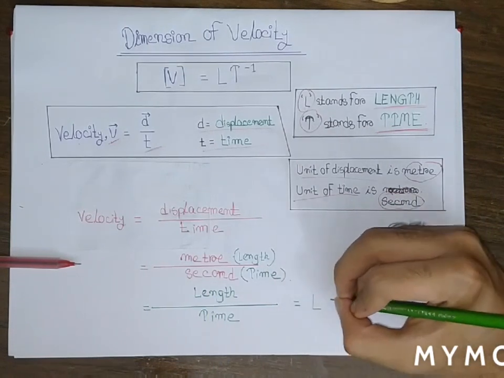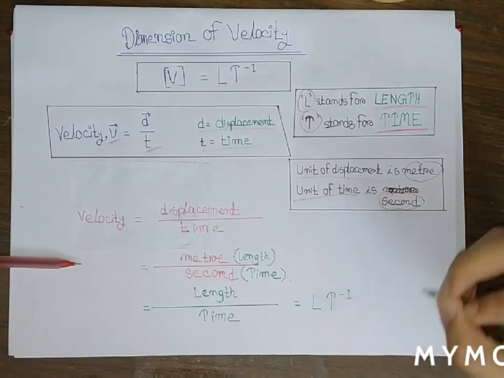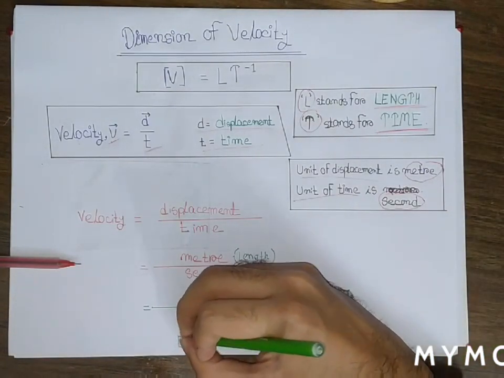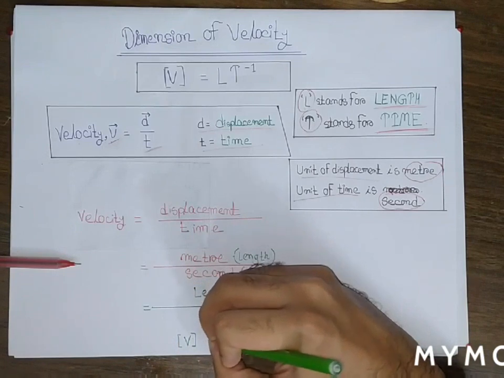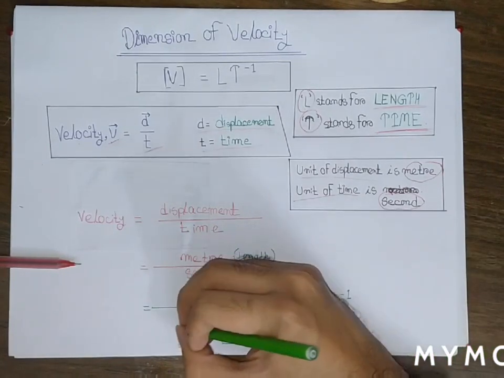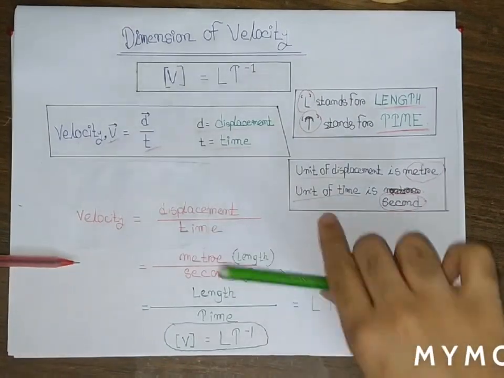So it is L T inverse 1. So we can say that dimension of velocity is L T inverse 1. Done.